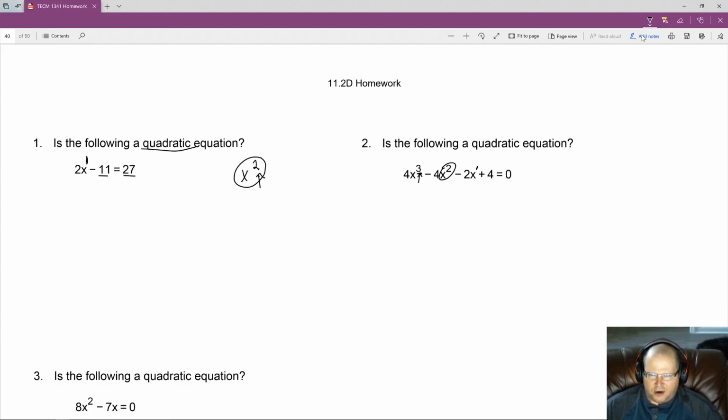We have a 1 power, which is the second one. We have a second power, and we have a third power. Since the highest power of the entire equation is a 3, the power of this entire polynomial is 3. And since the power of this polynomial is 3, it is not in fact a quadratic. So because we have 3 there, it's not a quadratic.